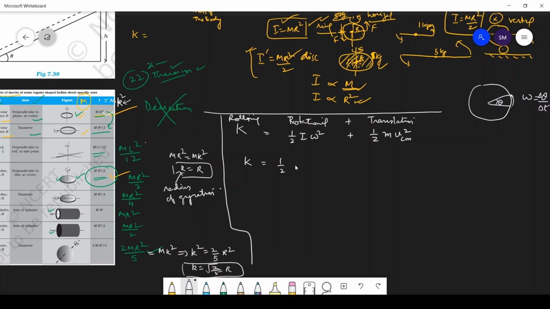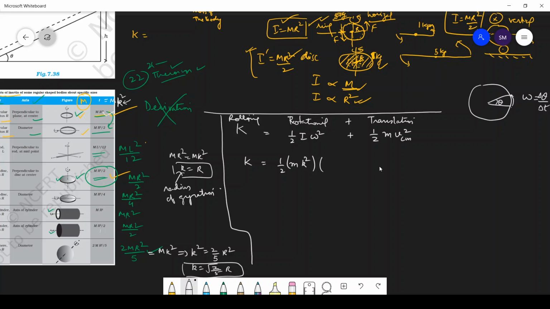So that's written as half m k square, and that's the value I have written for this I. Now what will be the value of VCM?